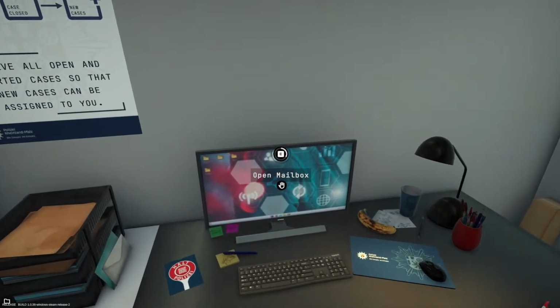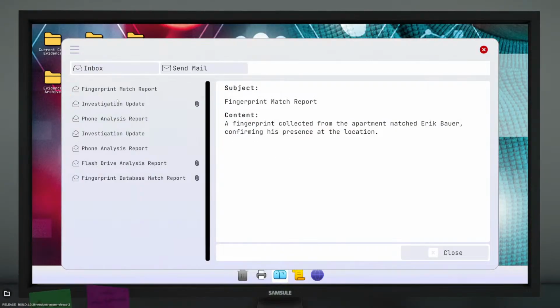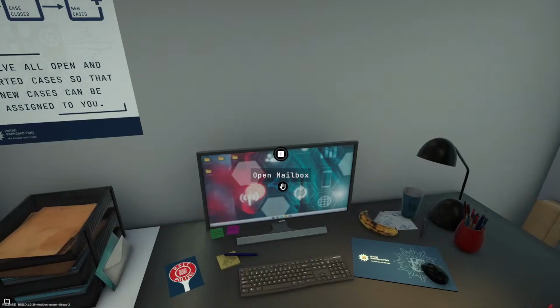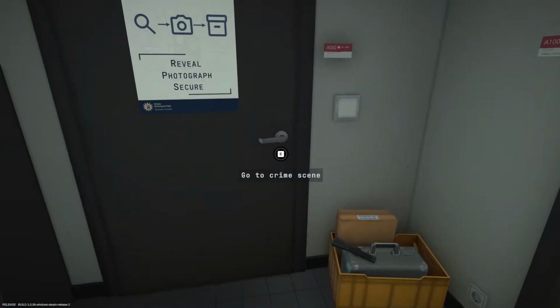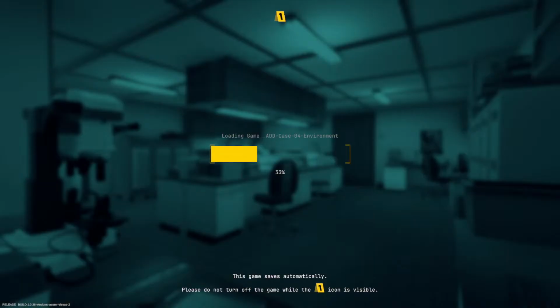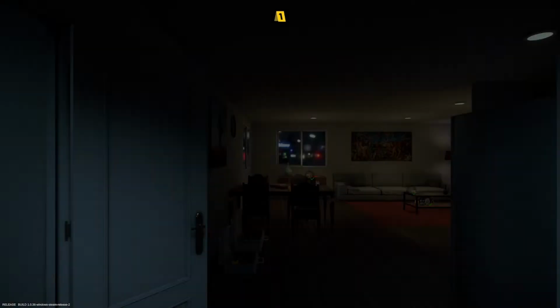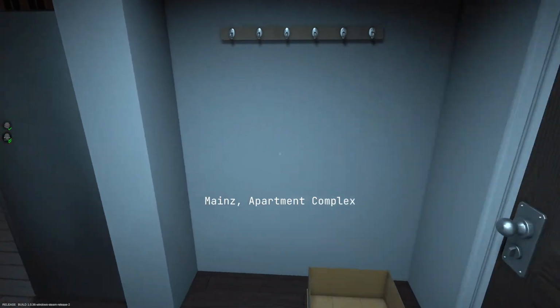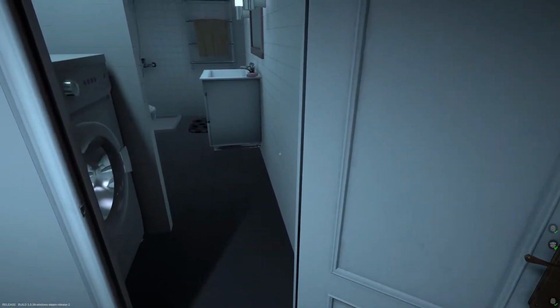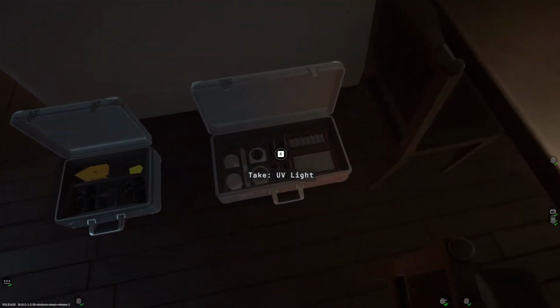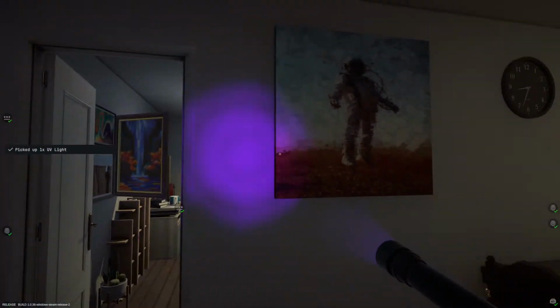So we gotta go back, see what we're missing. Yeah, let's go back. We'll look over the apartment again. Kind of see what we might be overlooking here.